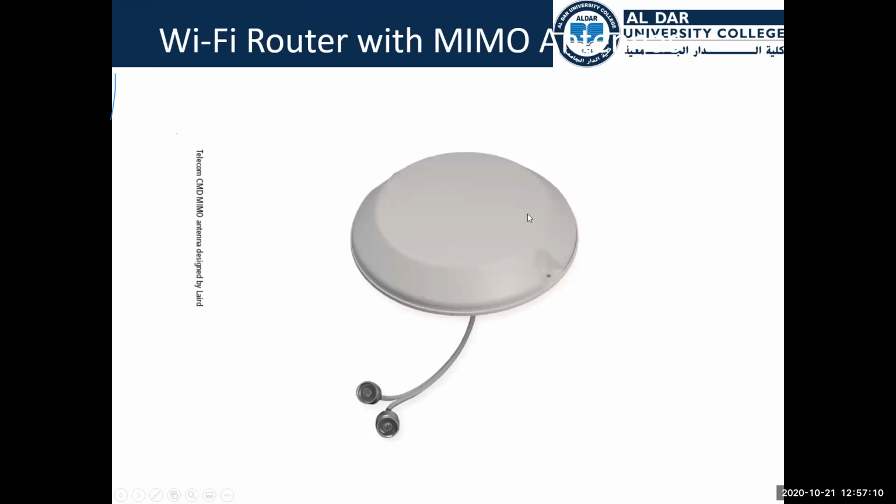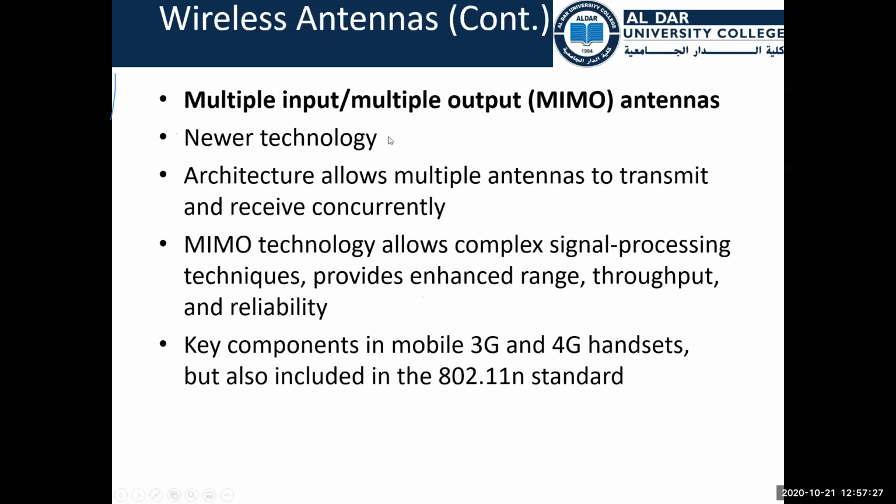So we have here this type of antenna. You can say this is full duplex because these terminals are one for sending and one for receiving. This is the MIMO, multiple input, multiple output antenna.